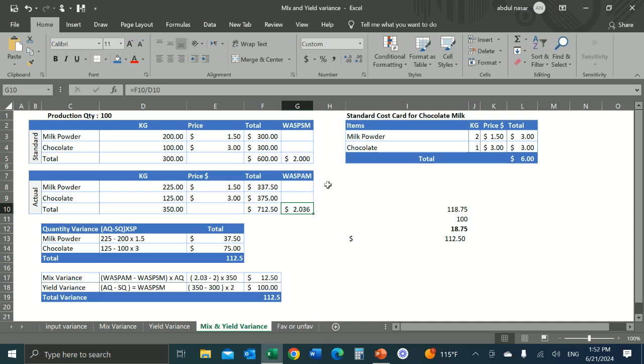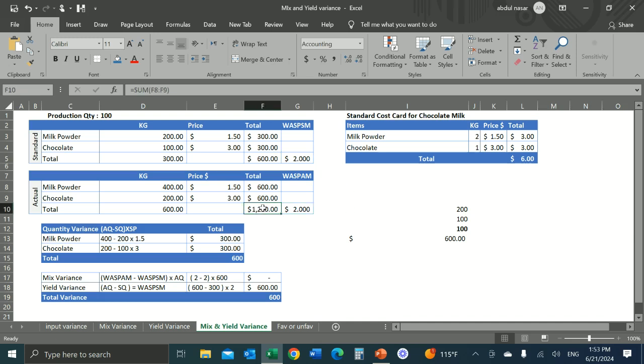So we have to remember, only when the mix is different will you have a difference here. Imagine your mix is 2:1. We can make this 400 and this 200. So the mix is the same, 2:1, 2:1 and 2:1. In that case, you will not have any difference between the weighted average standard price of actual mix and the weighted average standard price of standard mix. Why?